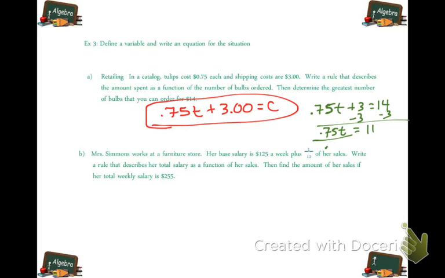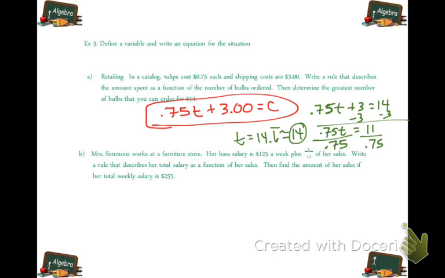And then divide by 0.75. T equals 11 divided by 0.75 is 14.6 repeating, but you can't have a fraction of a tulip, so it's going to be 14. It's about 14 tulips you can have.